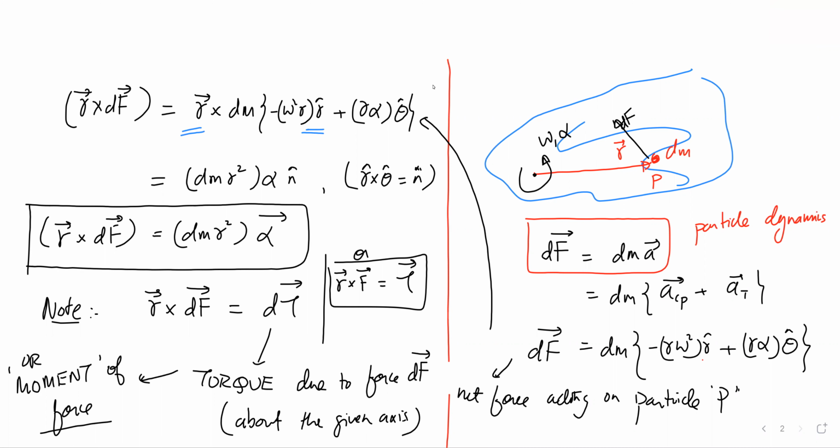This is minus r cap and this is r cap. Whereas this one's cross product with this term gives me this. Okay, so written this down.